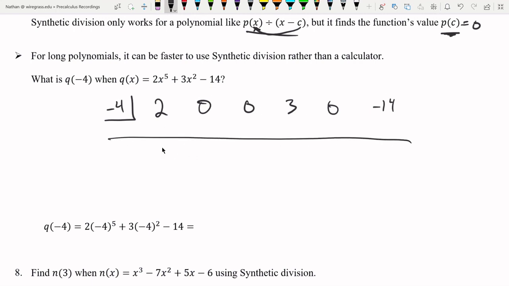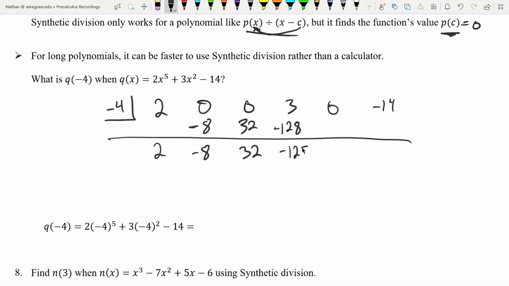Okay, and doing synthetic division, 2 times negative 4 is negative 8. Negative 8 times negative 4 is positive 32. Times negative 4 is negative 128.